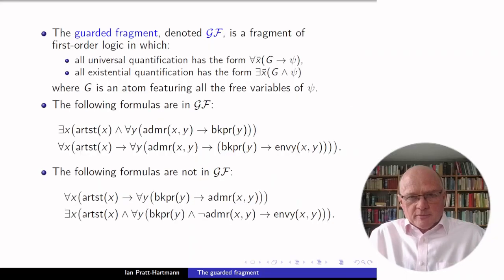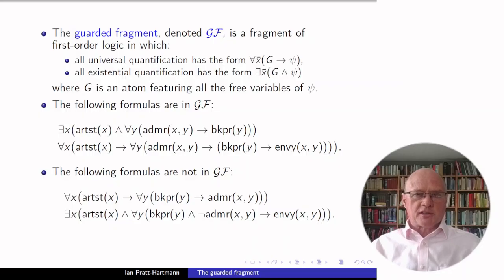The guarded fragment, usually denoted GF or sometimes just G, is a fragment of first-order logic in which all universal quantification has the form shown here, and all existential quantification the form shown here. So let's have a look at the universal quantification first.